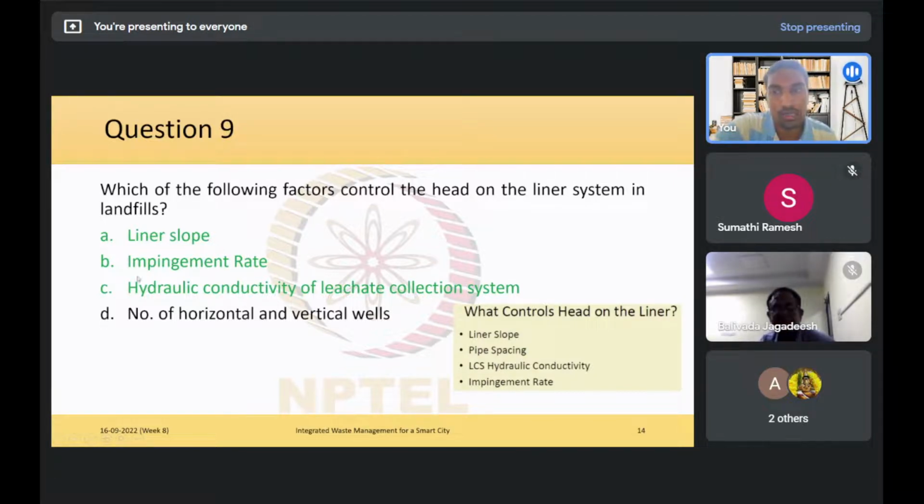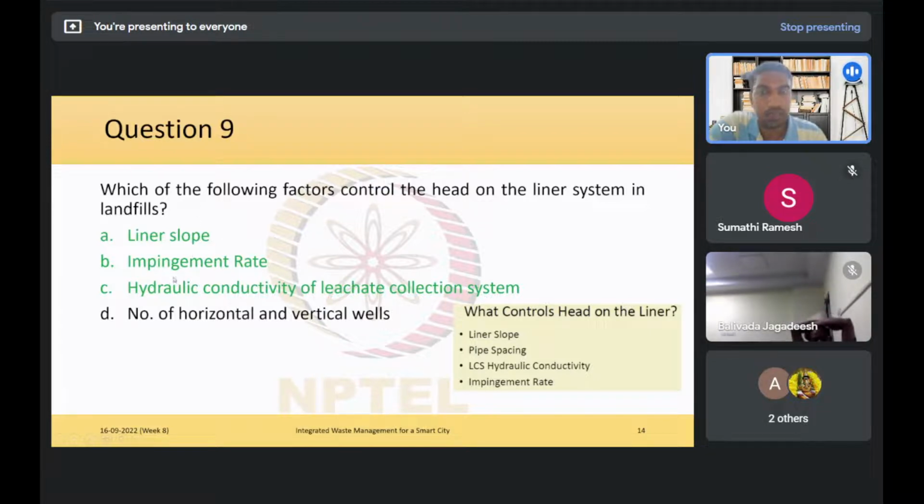That is controlled by the hydraulic conductivity. Whatever material is used to surround the pipes that we are putting over this liner, the conductivity or permeability of this material is also going to determine how quickly the water will drain, and therefore that will affect the head on the liner system, right?